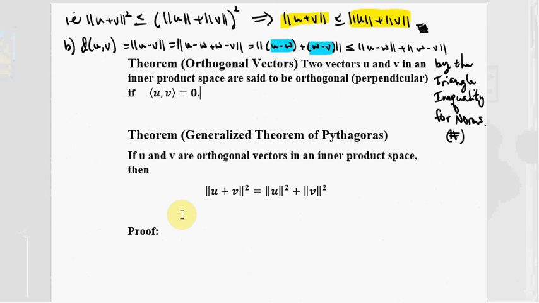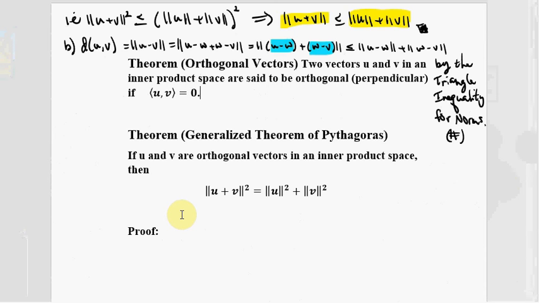There's a theorem that the Pythagoras theorem comes from, and that itself is the generalization of the concept. The Pythagoras theorem is only case number 2. Case 1 is where you have the norm of u plus v to the first power equal to the norm of u to the first plus the norm of v to the first. Then the second case is where the powers are the second power.